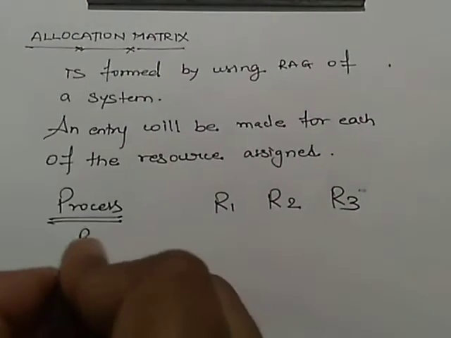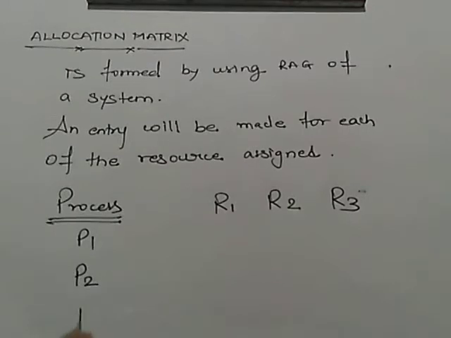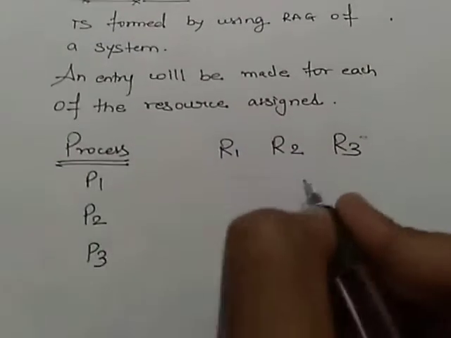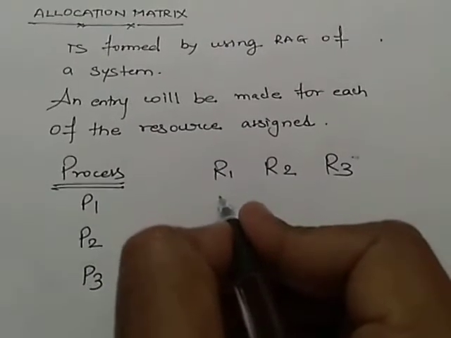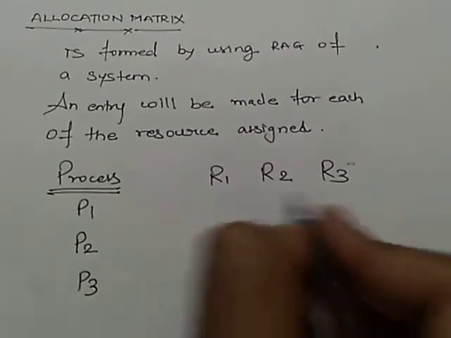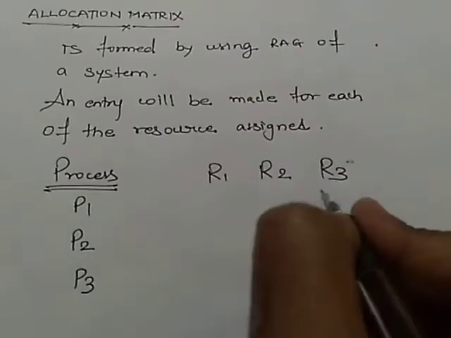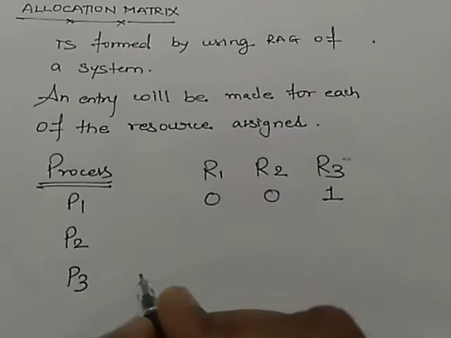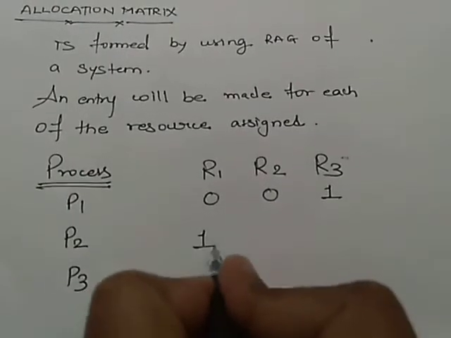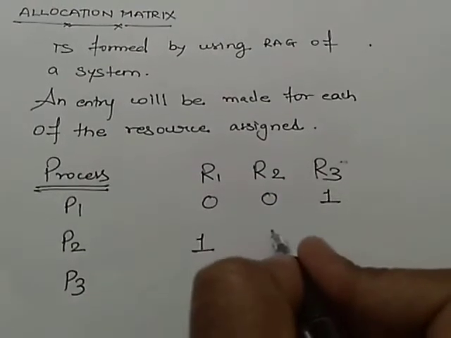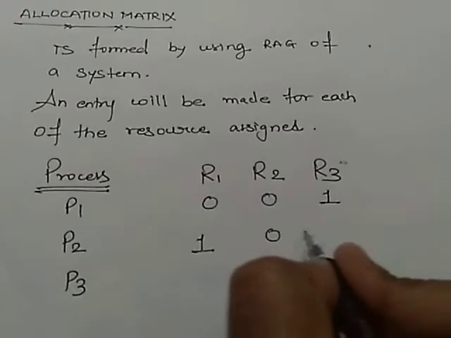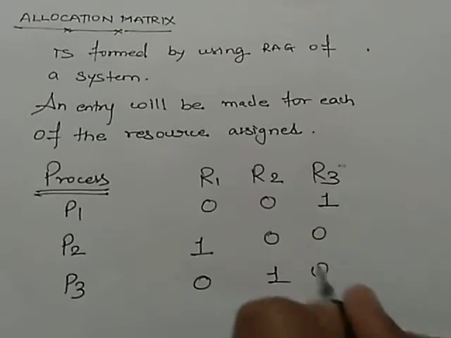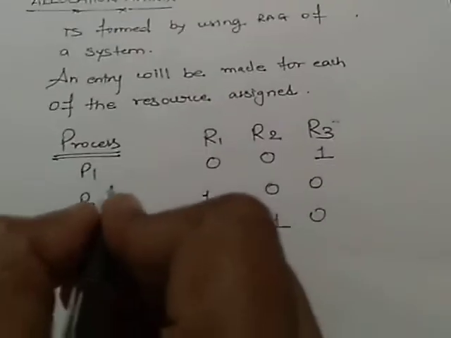In the previous graph we have seen that R3 is held by process P1, so here we have to put a 1 and here we have to put 0. Now P2 is acquiring resource R1, so we have to put 1 and here we have to put 0. In P3, 0, 1, 0. So this is the allocation matrix.